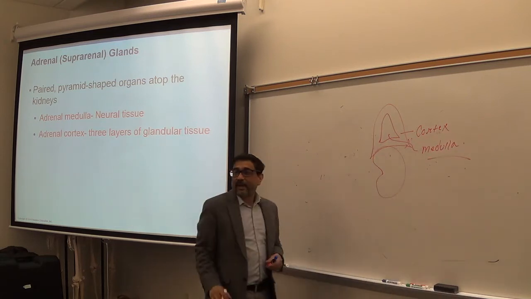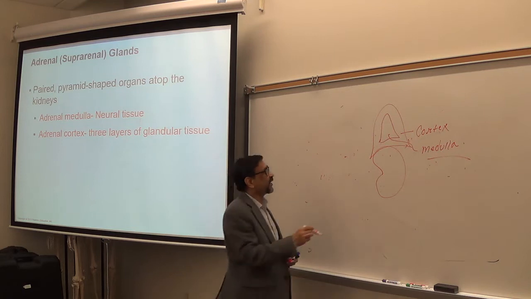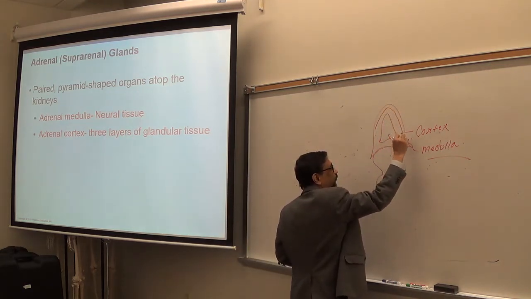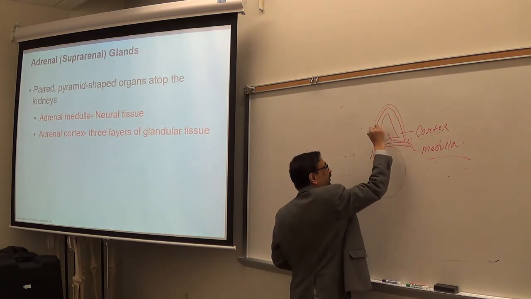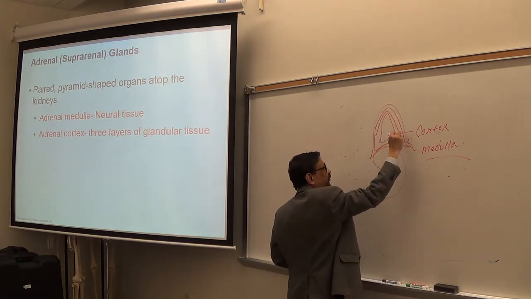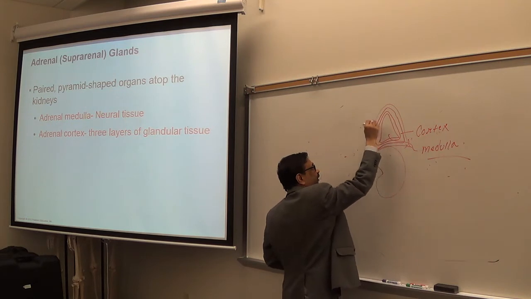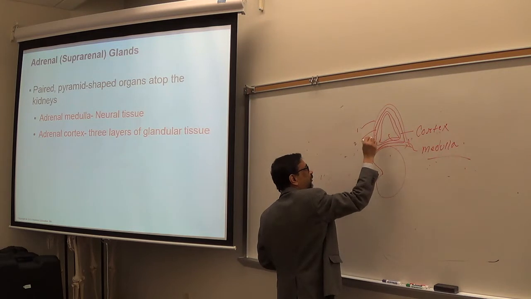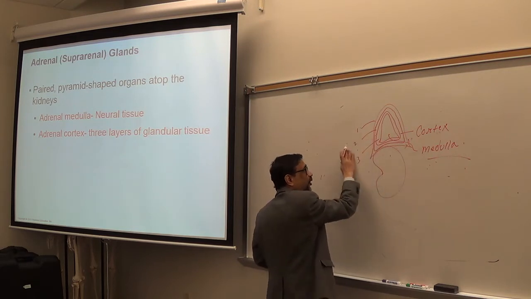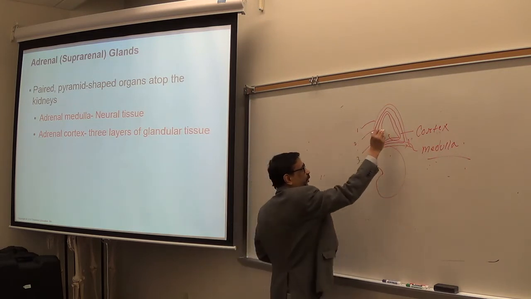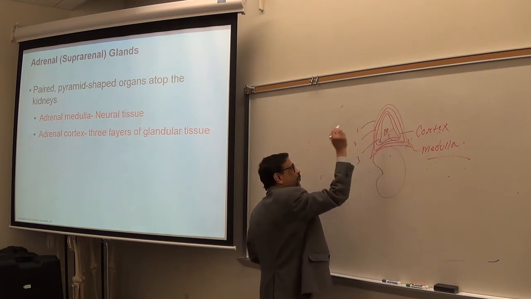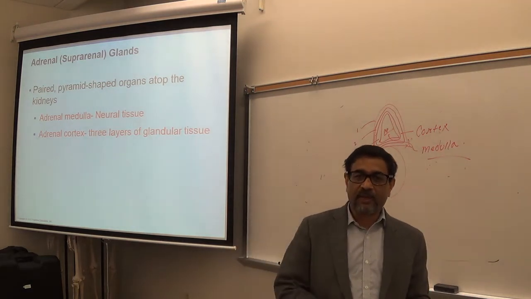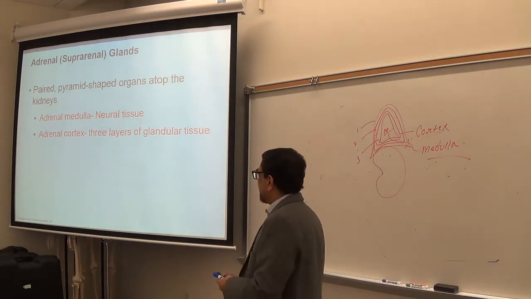Now, in the adrenal cortex, you have three layers, 1, 2, 3 in the cortex part, and this is medulla. Okay? You need to know what are those three layers in the cortex and the hormones.